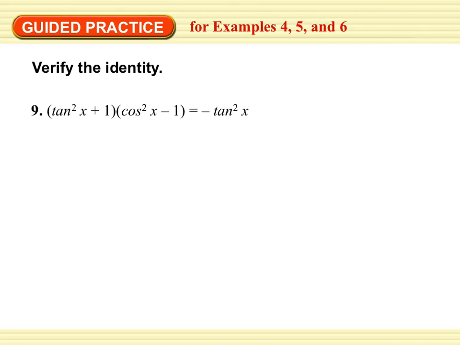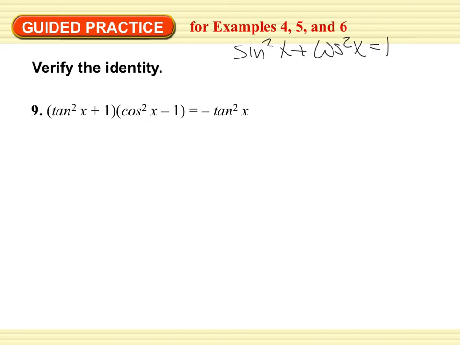Verify the identity. Cosine squared x minus 1, over tangent squared x plus 1. So Pythagorean identity is sine squared x plus cosine squared x equals 1.